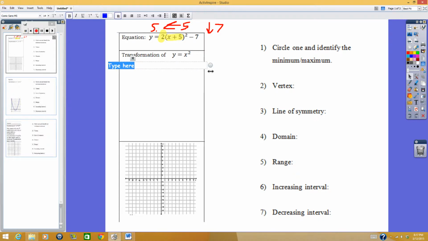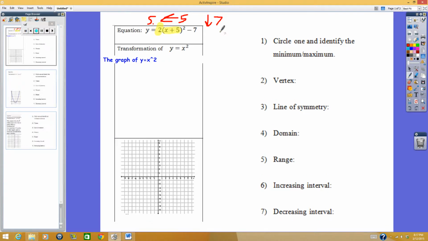So, the graph of y equals x to the second power. I'm going to use this because I can't type it out, but if you write out y equals x squared, that's fine.